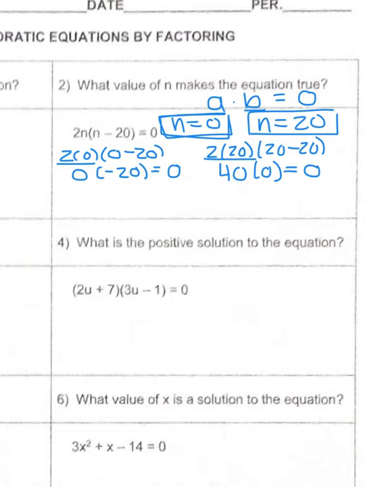So again, we've proved that if we plug in 20 for n or 0 for n, our equation is equal to 0. So we got 2 solutions here. The question was, what value of n makes the equation true? Well, the value of n would have to be 0 or 20. So that is our answer right there.